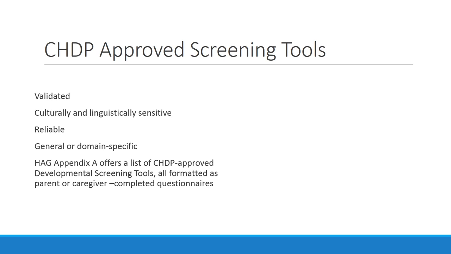The 4 tools recommended for periodic developmental screening at 9 months, 18 months, and 2 to 3 years are ASQ or ASQ3, the Ages and Stages Questionnaire, PEDS, the Parent's Evaluation of Developmental Status, which focuses on parents' concerns about their child, and PEDS-DM, or PEDS Developmental Milestones, which focuses on a child's age-specific skills.